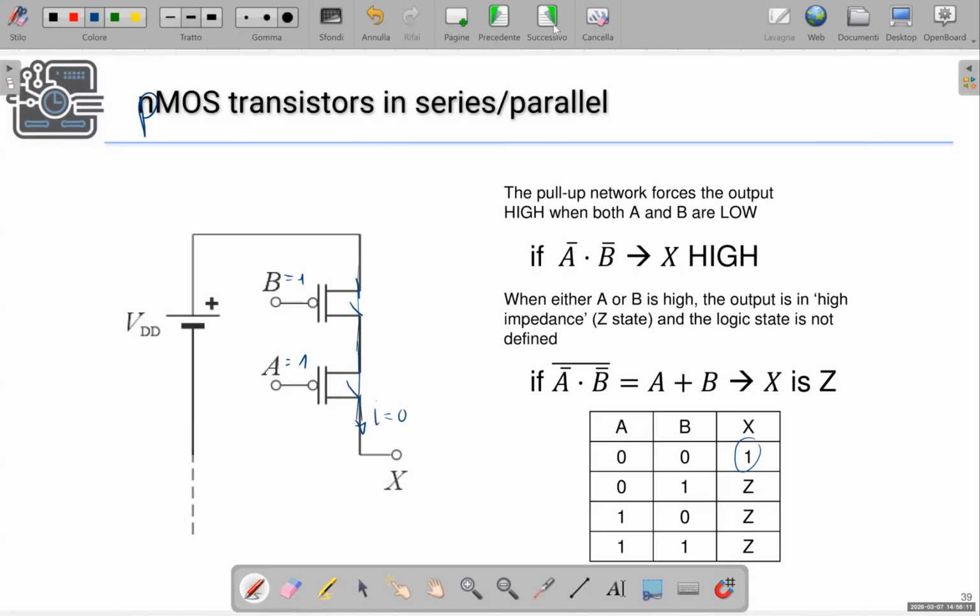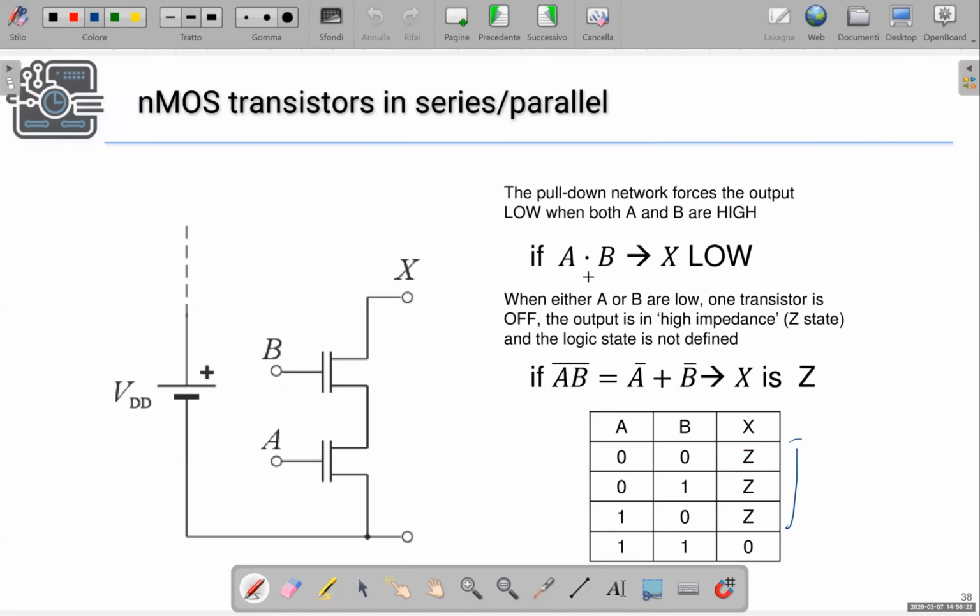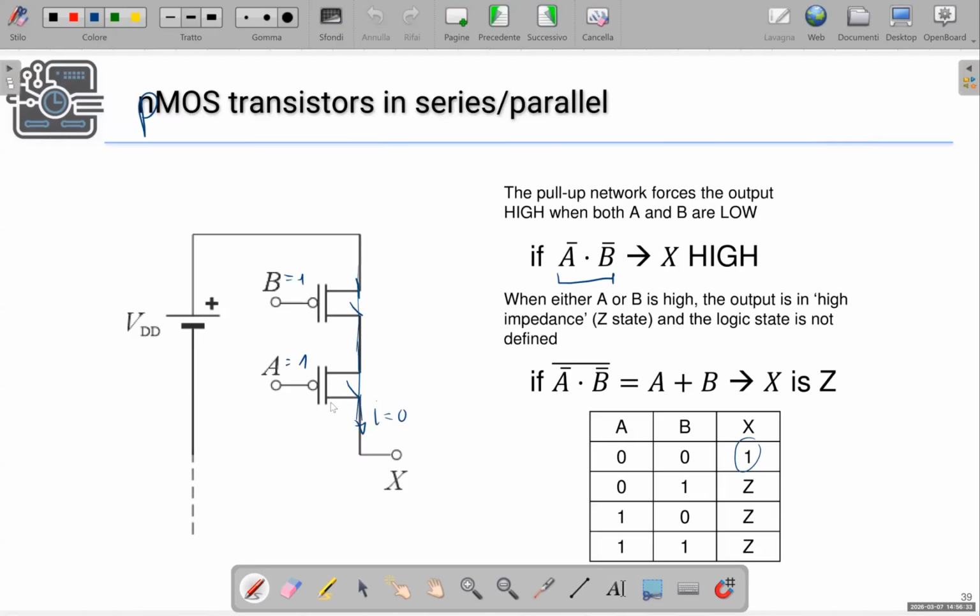Okay, so basically the message is that switches in series can implement the AND function. So the connection of the output either to the negative or to the positive is active when both the two switches in series are on.